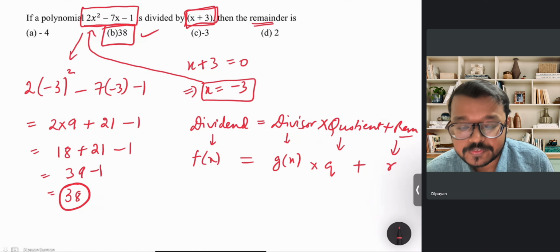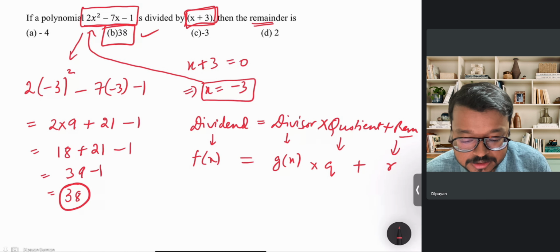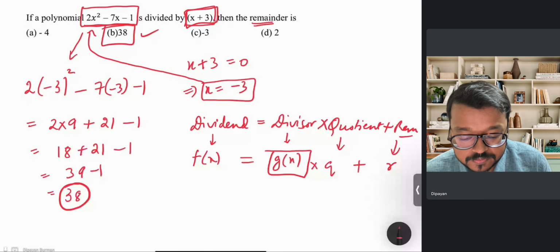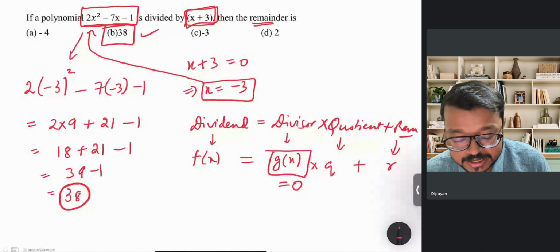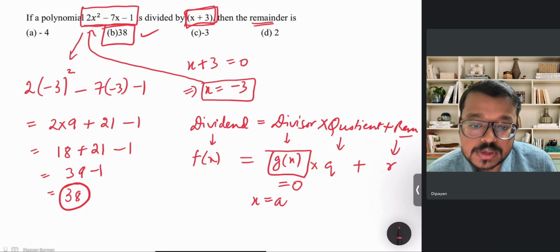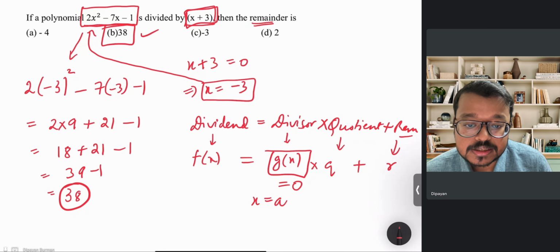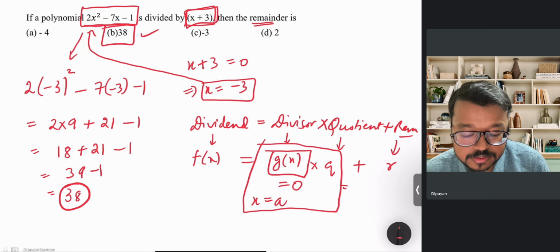Now if I am able to find a value of x for which the divisor is equal to 0, and let's say that value of x is some constant, a, so for x equal to a this divisor is equal to 0, then 0 multiplied by any quotient is also equal to 0.